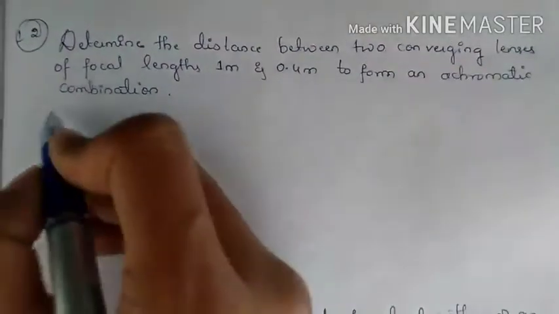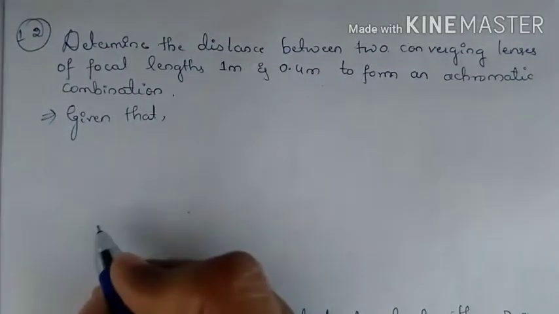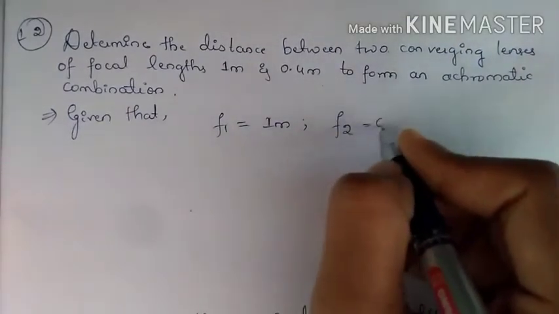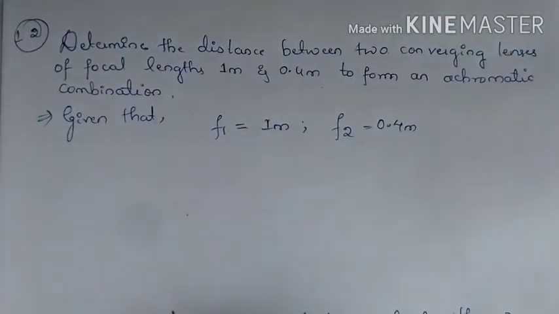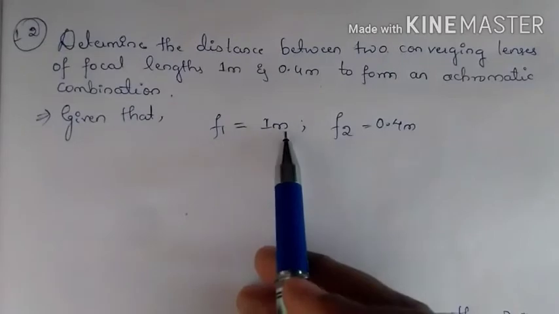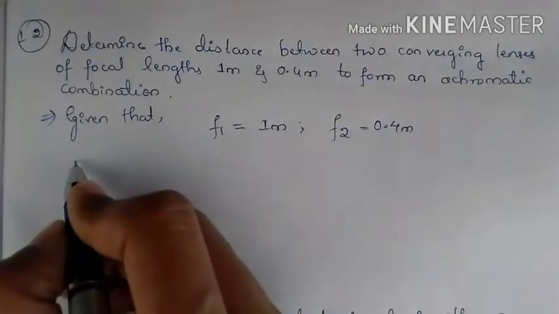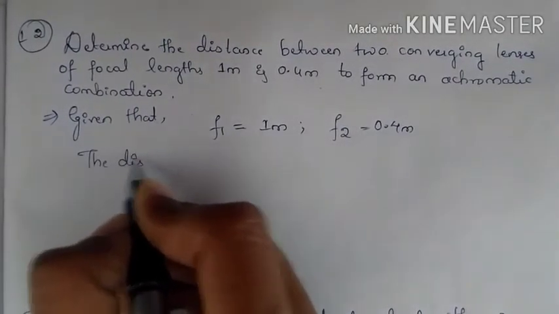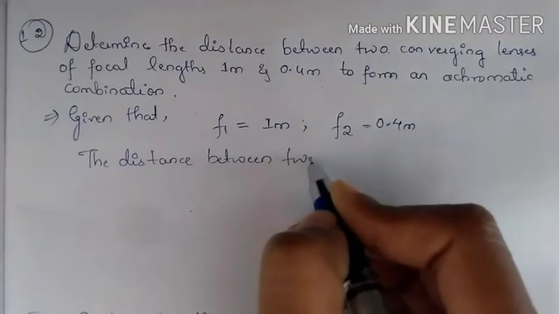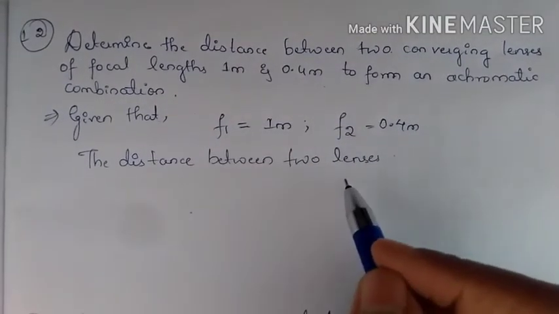So let us write the given data. f1 is equal to 1 meter and f2 is equal to 0.4 meters. So the focal lengths of the two lenses are given to us. Now what we have to find is the distance between the two lenses such that they can form the achromatic combination.